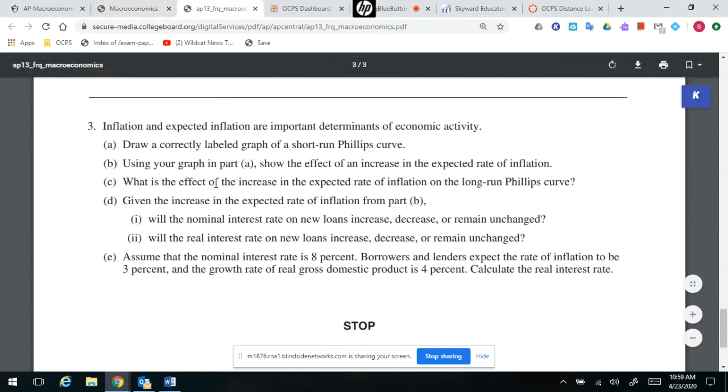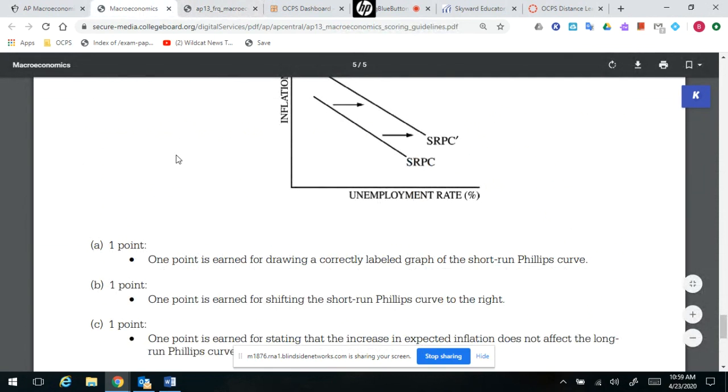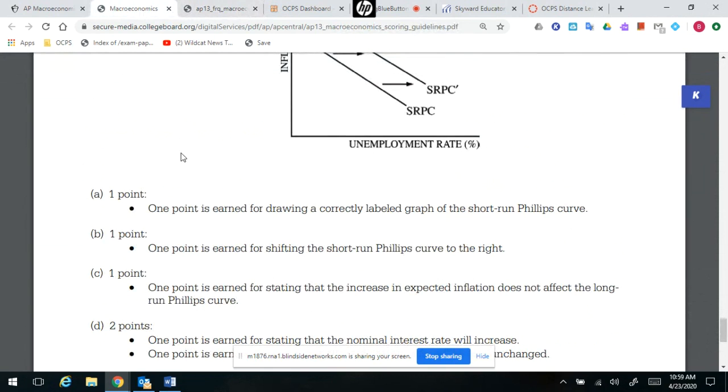What is the effect of the increase in the expected rate of inflation on the long run Phillips curve? So if we have inflation, the long run Phillips curve, which again we stated was the natural rate of unemployment, isn't really going to be impacted.